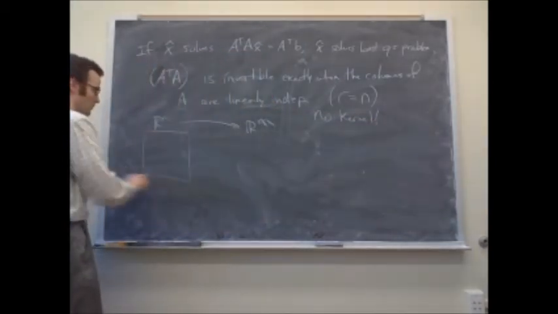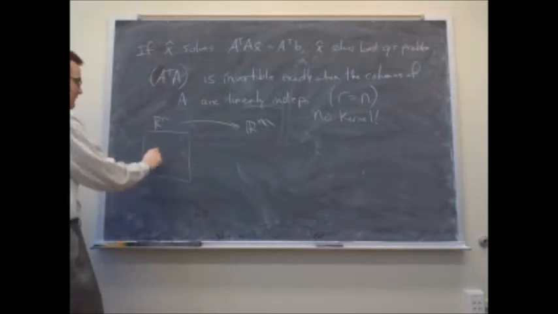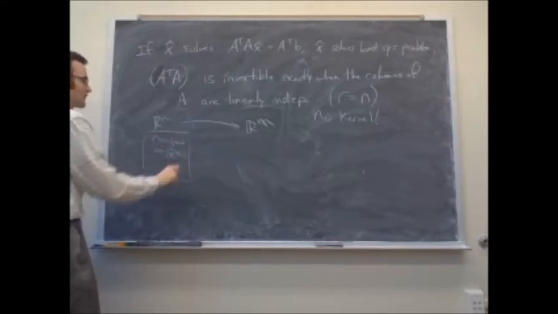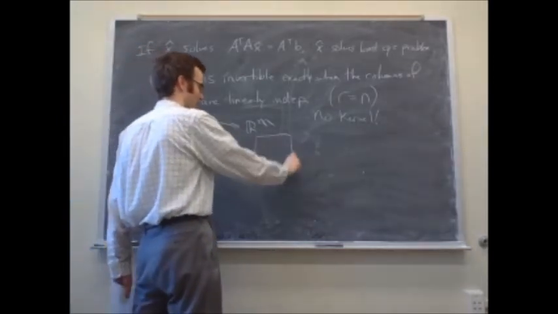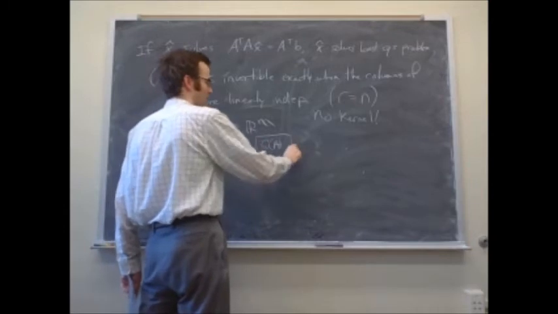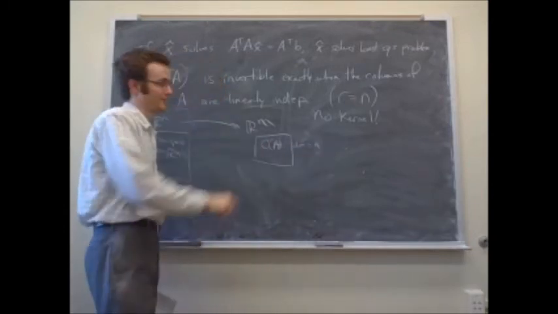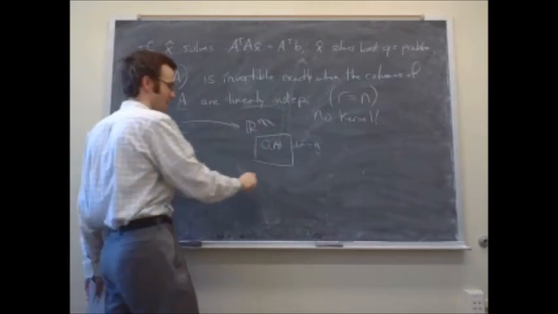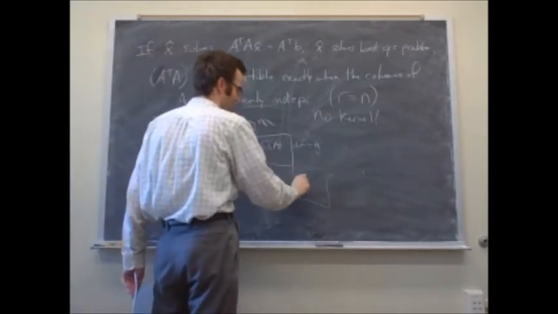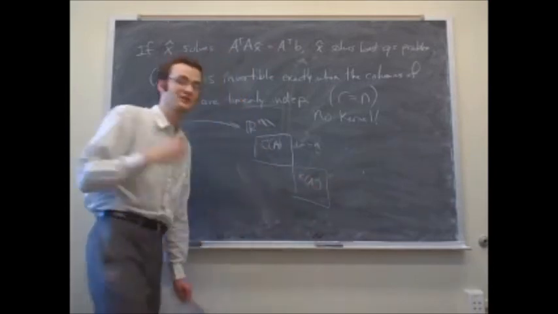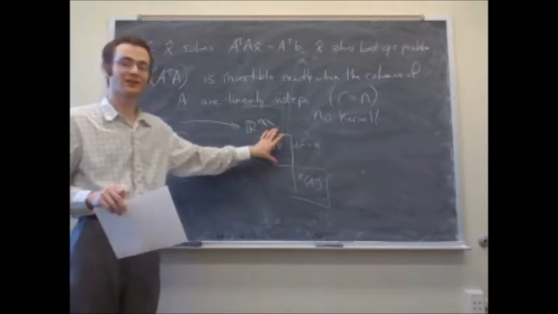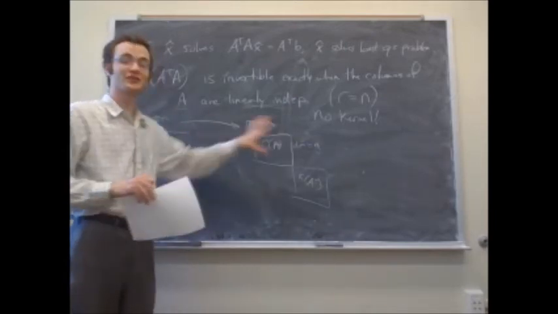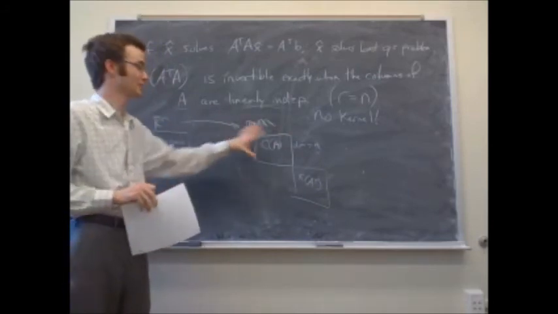So the row space, if you will, is everything. And so when you map into Rm, you have the column space of A, whose dimension is n, right? That's r equals n. And then you do have some sort of co-kernel, and there's nothing you can do about that. But the point is, the map from here to here is invertible. We just talked about the map from the row space to the column space being invertible.